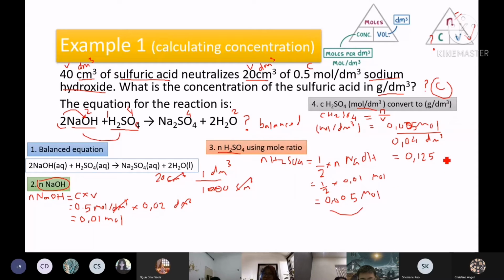Okay, good. The unit is mole over dm cube.